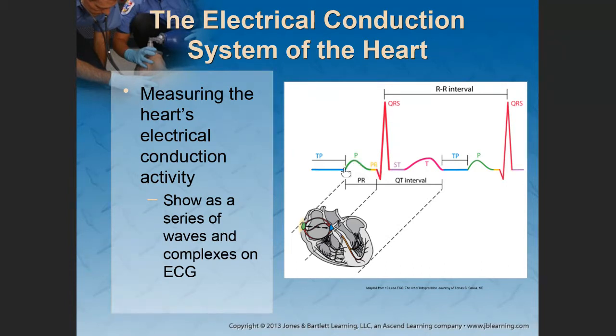So the P wave is when the atriums discharge current. The PR segment, which is this flat portion here, is when the atriums start to recharge.